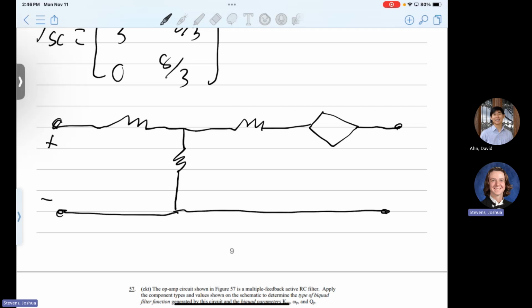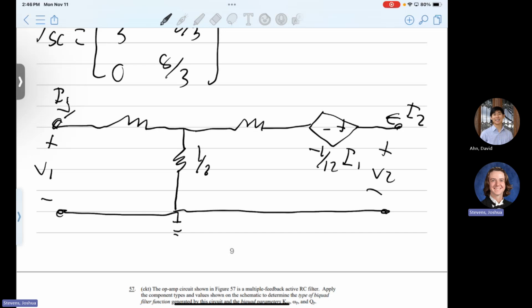This is positive minus V1, I1, positive minus V2, I2. This polarity is like that. -1/2 I1. This is also ground. Now, I did not look at this earlier.